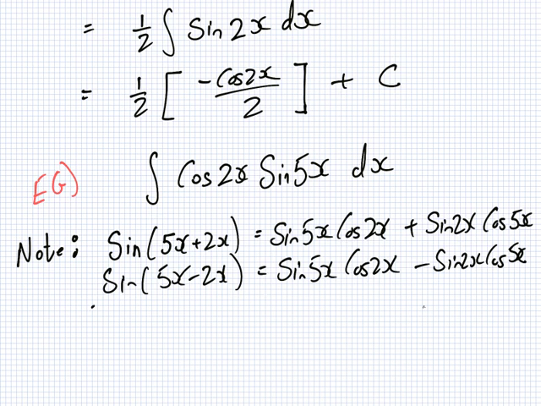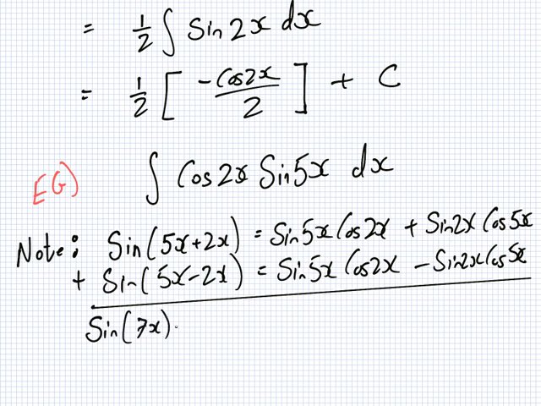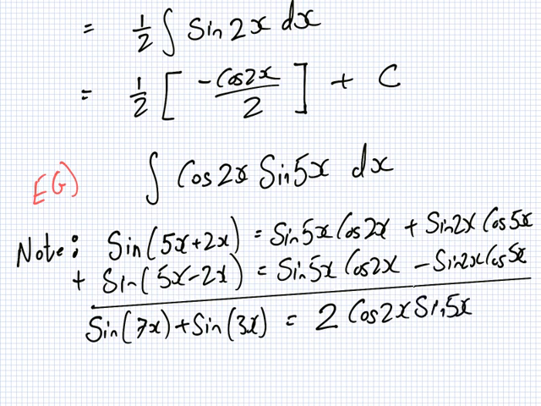And then if I add these two lines together, here I get sine 7x plus sine 3x. That's equal to 2 cos 2x sine 5x, because they add and these cancel. If I get rid of the 2 here, I can end up with this.